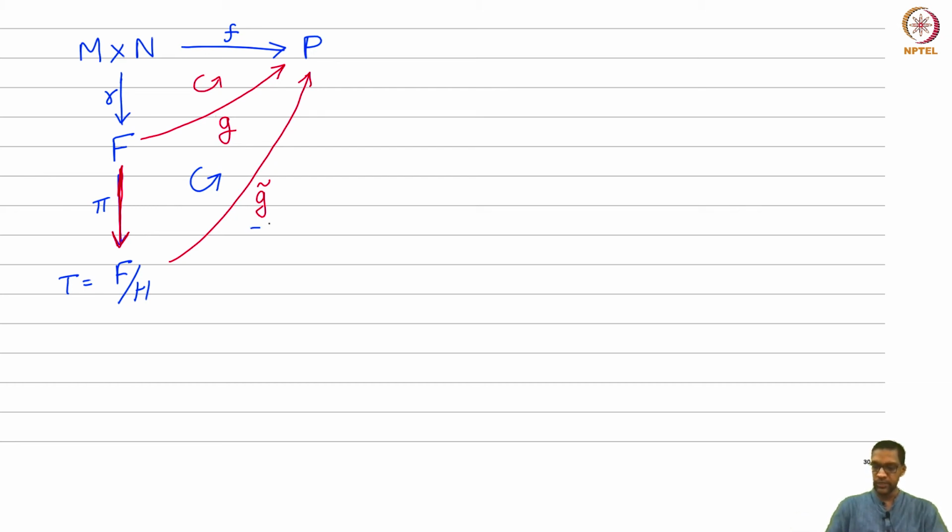And now this is going to be our final map. So the claim is that G tilde is what we need. That's what we called F tilde. So we take F tilde to be this final map G tilde. F tilde is what we needed to construct. So let's show that this makes the overall diagram commute.